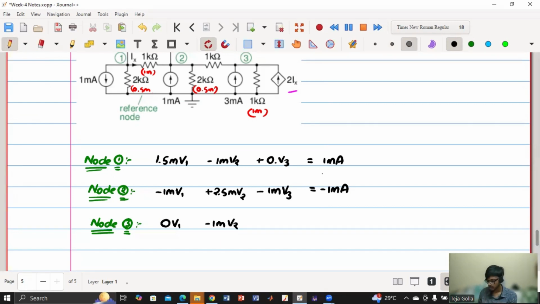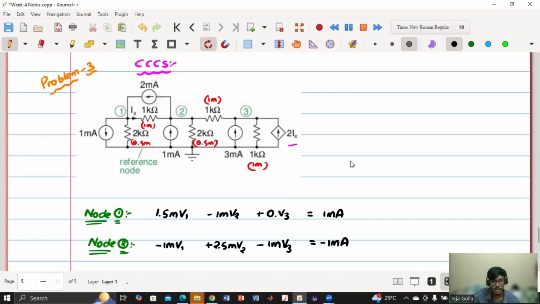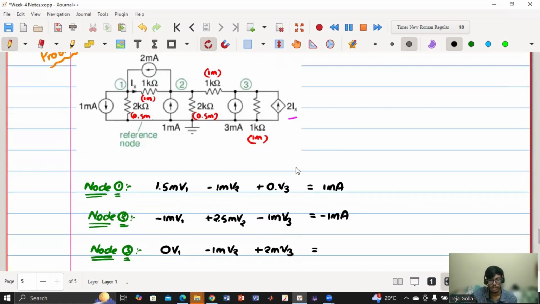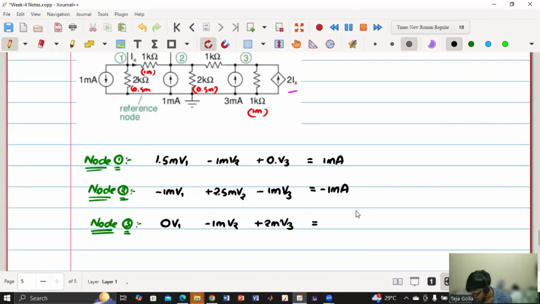And at 3, the summation of all the conductance at node 3: 2 milli, yes, plus 2 milli into V3. And the current entering node 3, how much is the value? It's 3 milli plus 2 Ix. Okay, 3 milliampere plus 2 Ix.